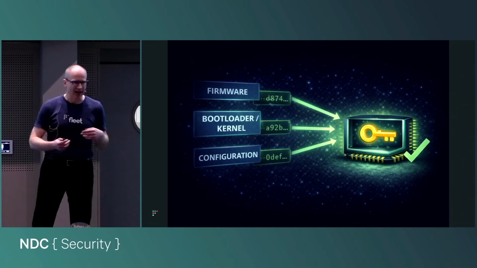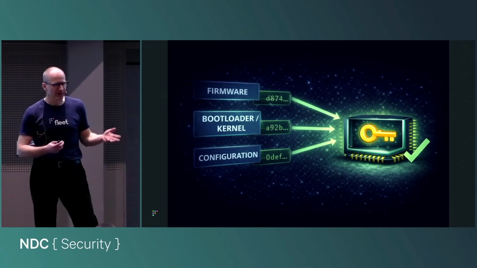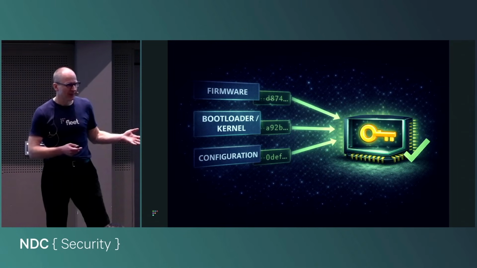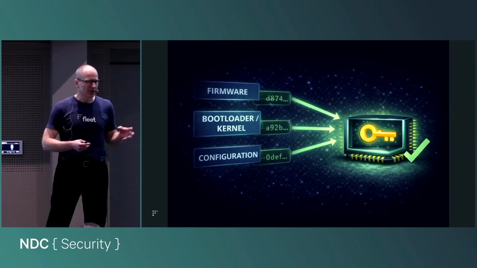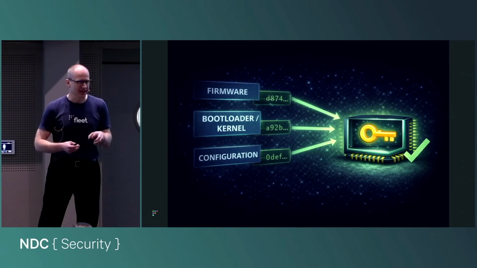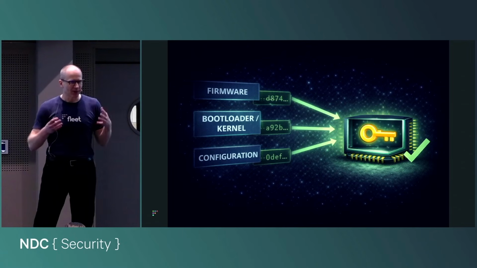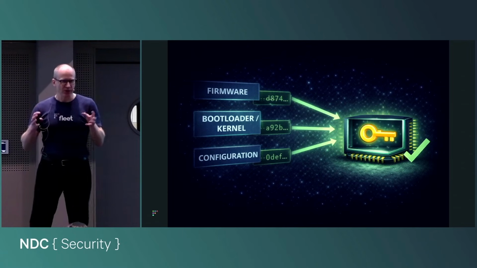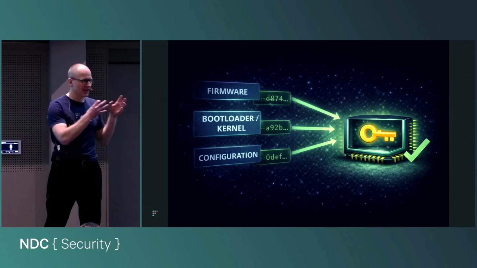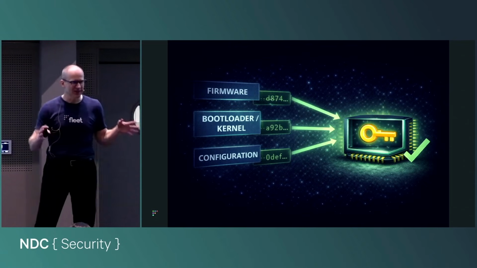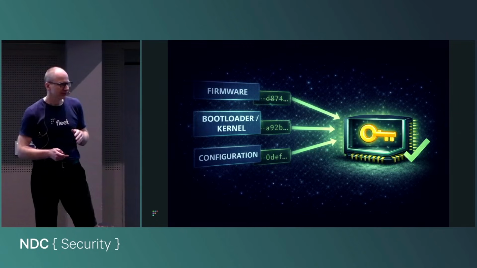It takes cryptographic hashes of firmware, bootloaders, kernels, sometimes even configuration. These measurements become part of the hardware's internal state, and keys can be bound to those measurements. So the hardware can say, I will only use this key if the system looks like this. If the system changes, the key stays sealed.